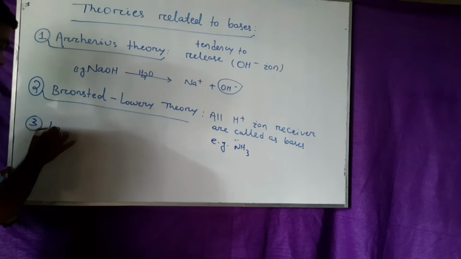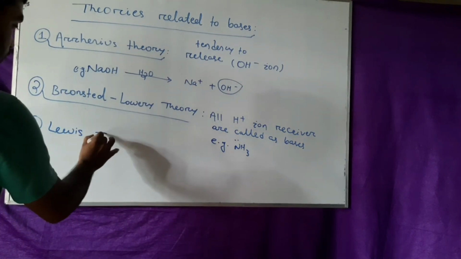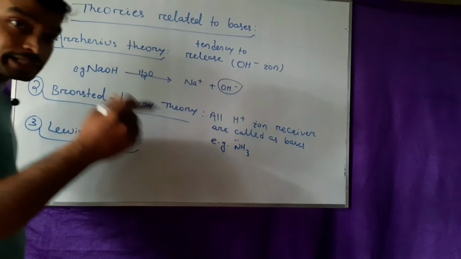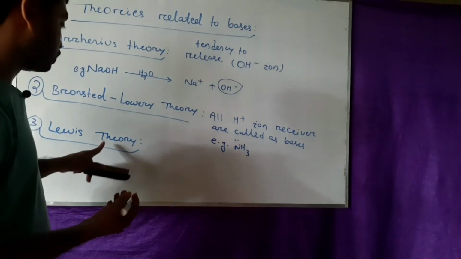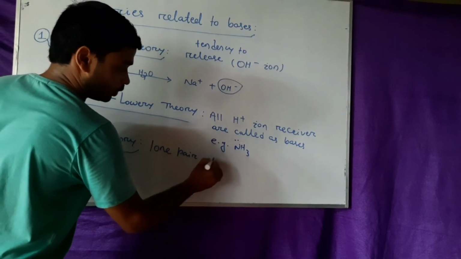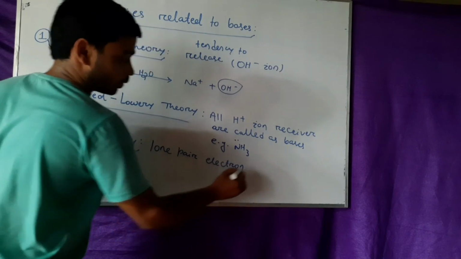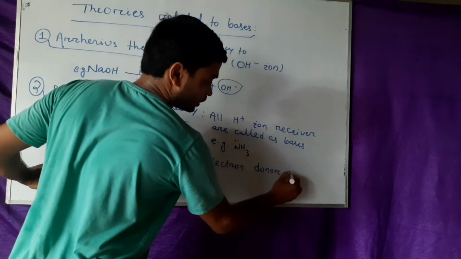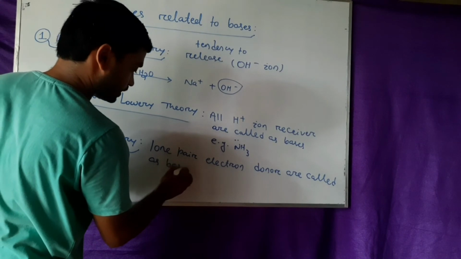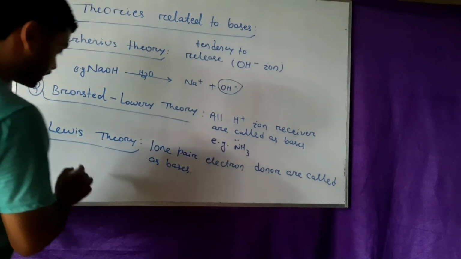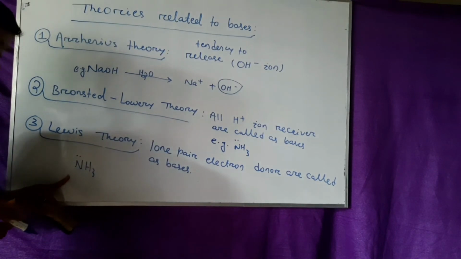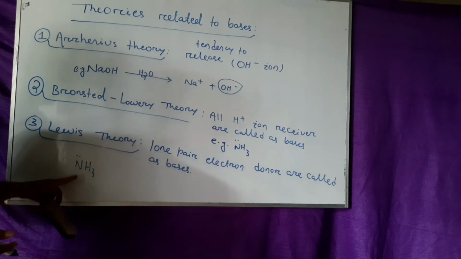The Lewis theory explains that all the lone pair electron donors are called bases. Here NH3 donates a lone pair of electron, and that's why NH3 is a base.